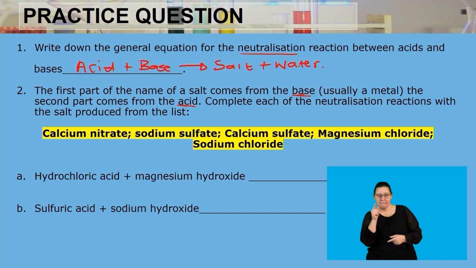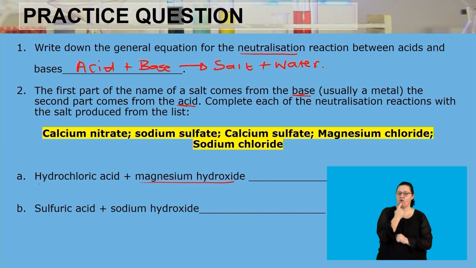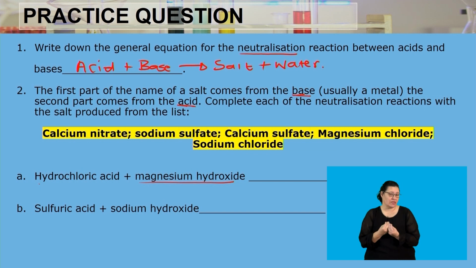So we do know that this is a neutralization reaction, so they just want us to write the name of the salt which is going to be produced from the addition, in this case, of hydrochloric acid plus magnesium hydroxide. We are told the first part of the name comes from the base. So our base is magnesium hydroxide, and our acid is hydrochloric acid. So the salt produced must start with magnesium.